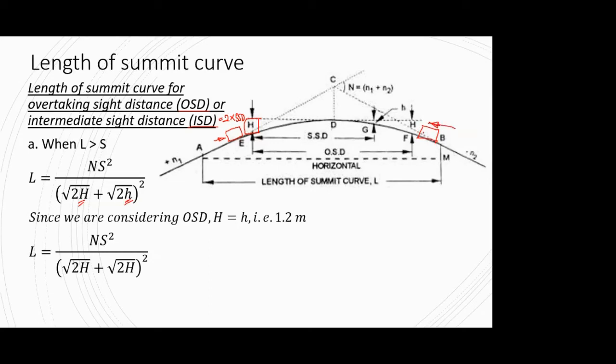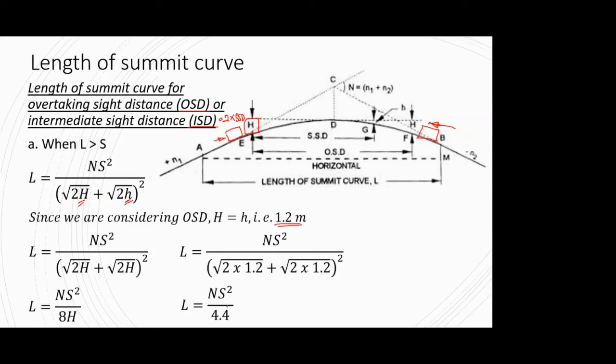So that driver is also having some height of the eye level as capital H, and assuming that both the heights follow the IRC standard of 1.2 meter. If we substitute the values in this equation, we get L is equal to nS square upon 4.4, and even if we don't substitute the values, if we keep it as it is, we'll get the equation that L is equal to nS square upon 8H.